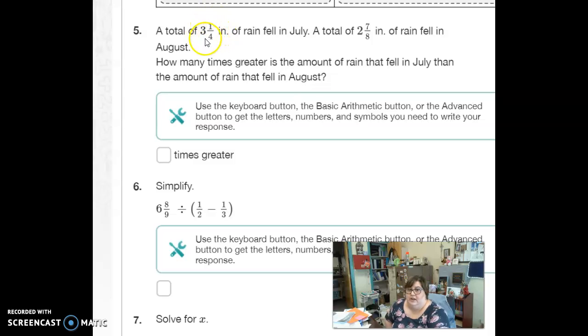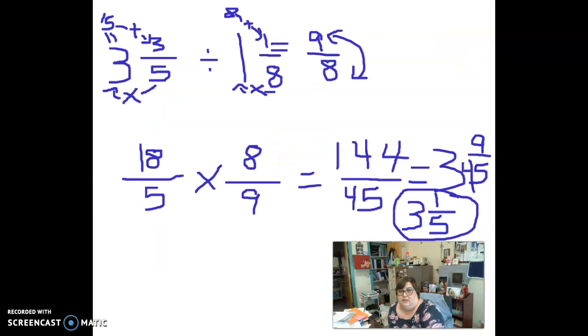So you're going to have to turn both of these, a mixed number into an improper fraction, and then find the common denominator and then subtract your two mixed numbers. So let's see.